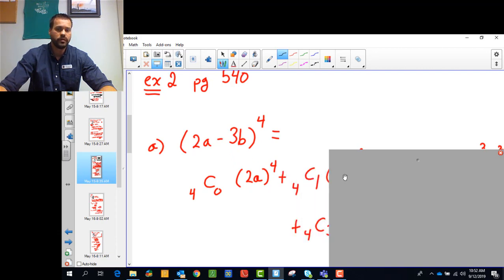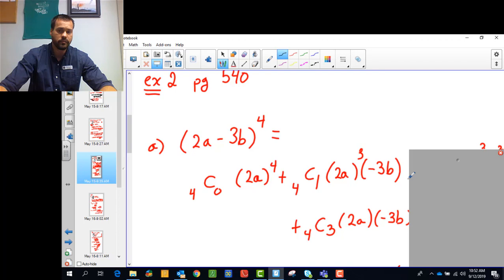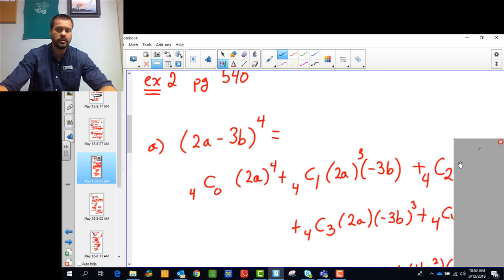Then we go 4 choose 1, that's my next coefficient. We go 2a to the 4th minus 1, right, we're going down by 1, so now it's 2a cubed. And the second term now goes from 0 to plus 1. You were adding 1 to that power. So now we have minus 3b. Okay, then we go 4 choose 2. That's the next coefficient.